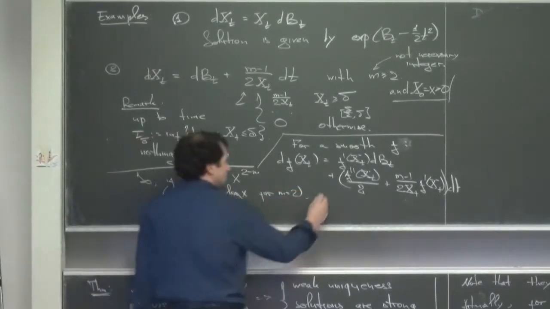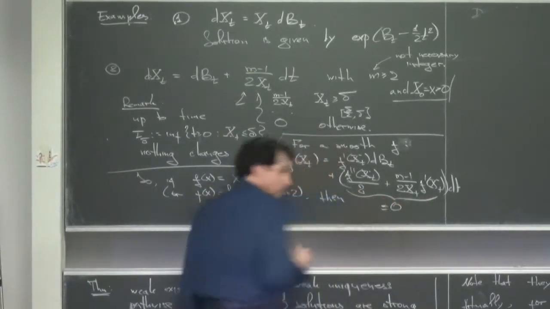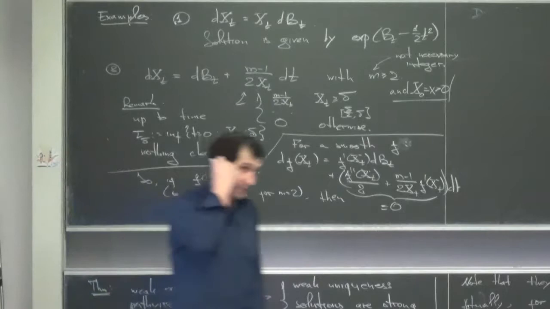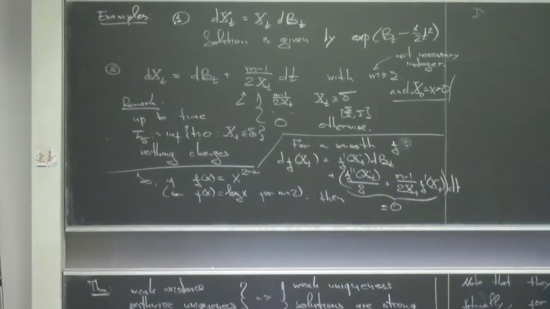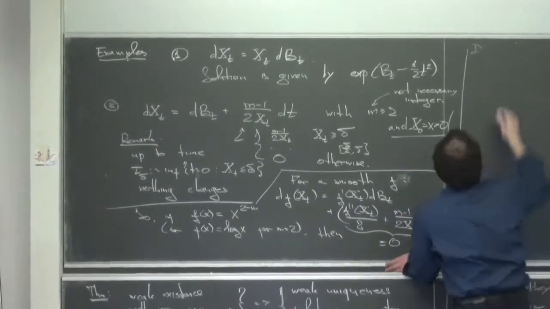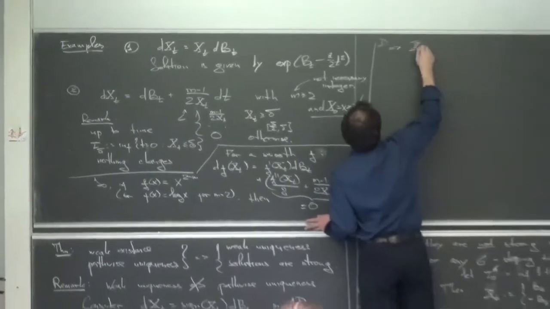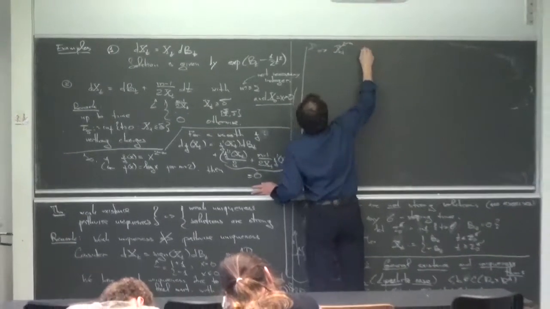Then this cancels. And we have a local martingale. So this x_t^(2 minus m) is a local martingale.